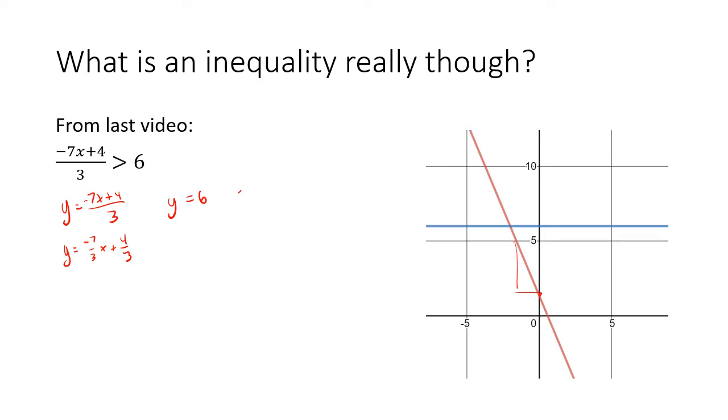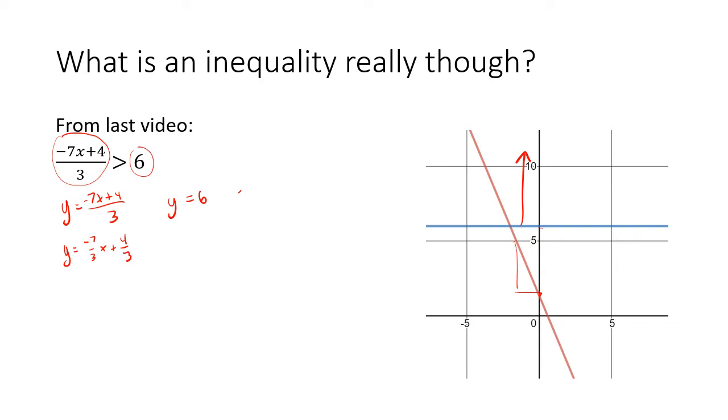Now the line y equals 6, the blue line, is just a horizontal line at y equals 6. And the answer to this question, if we just look at this, when is the left side greater than the right side? Well, it's when the red line is above the right side, which is the blue line.